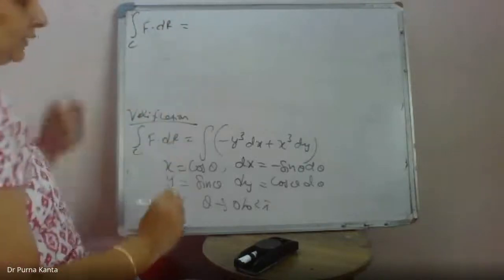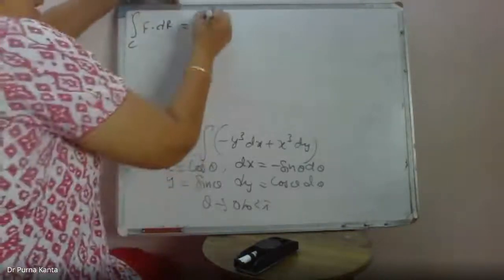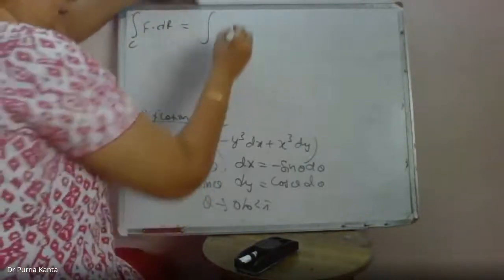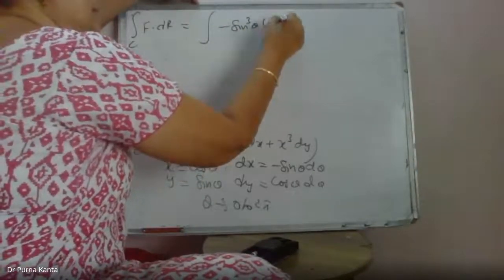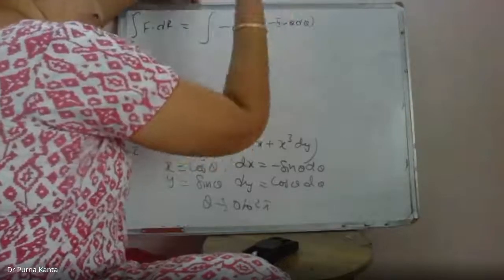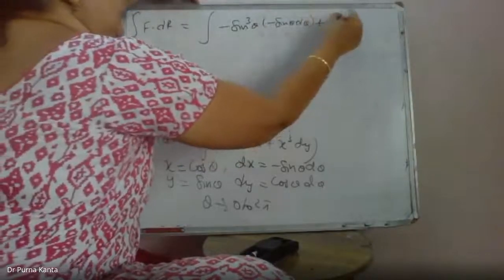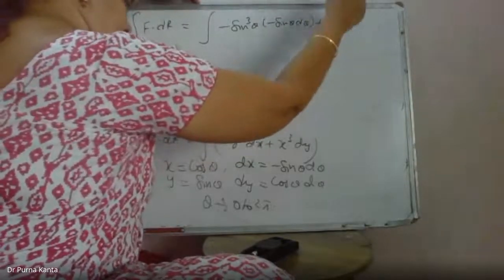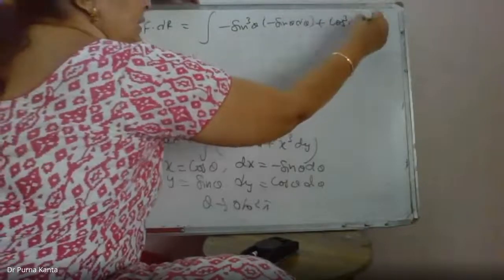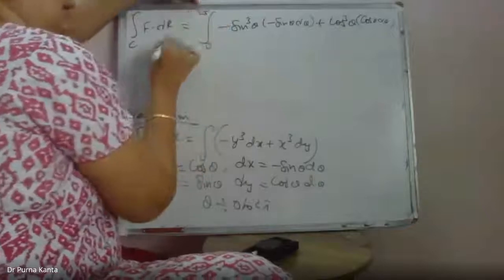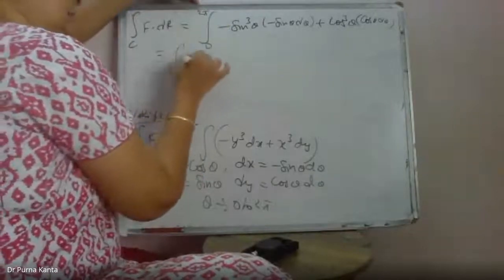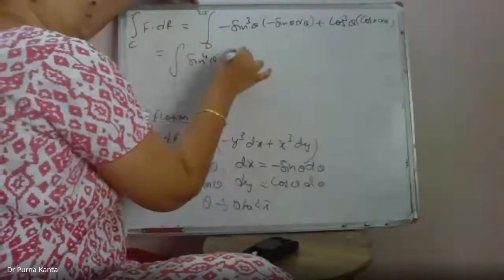Take 3 pi by 2. The integral of minus y cube, that is minus sin cube theta, times dx which is minus sin theta d theta, plus x cube which is cos cube theta, and dy which is cos theta d theta, from 0 to 2 pi. So this is the integral of sin 4 theta plus cos 4 theta d theta.